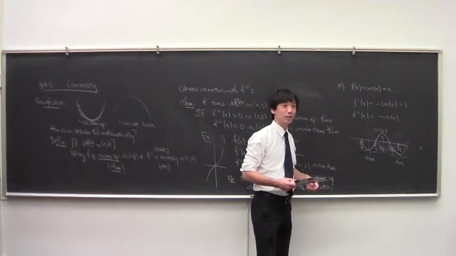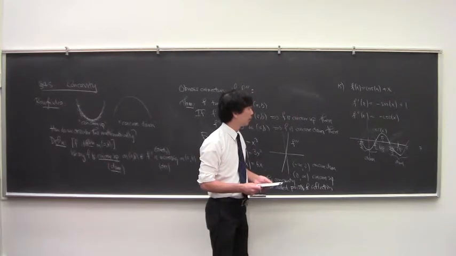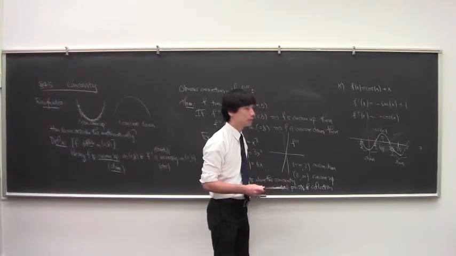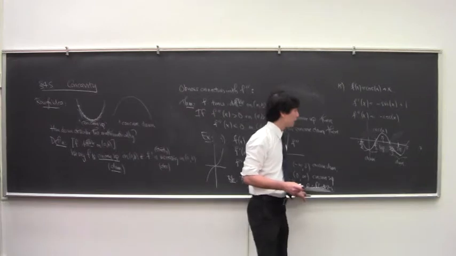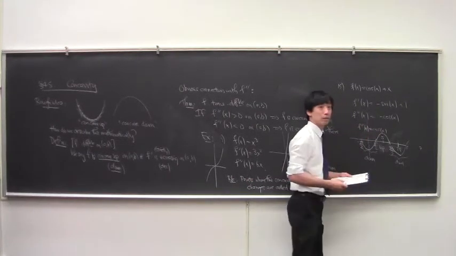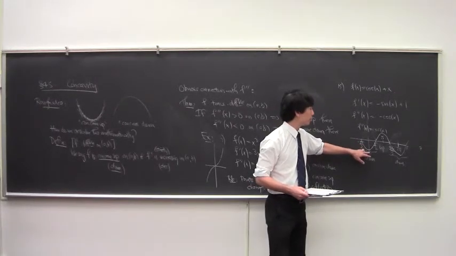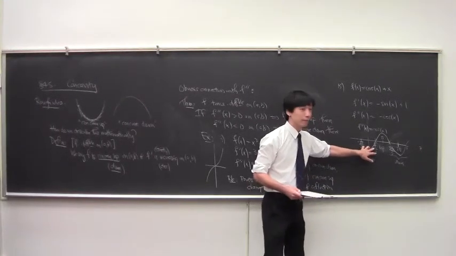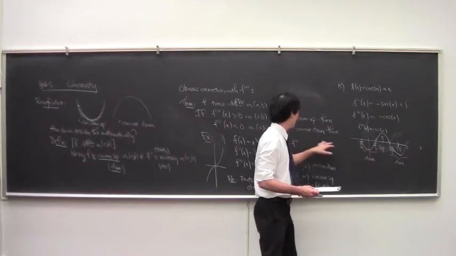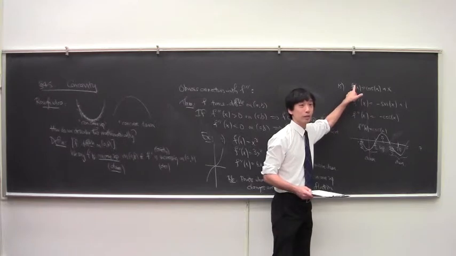Yeah, Taylor. Sorry, isn't that concave up? I'm just confused. This is f double prime. So f double prime is negative here, and so the original function is concave down there.